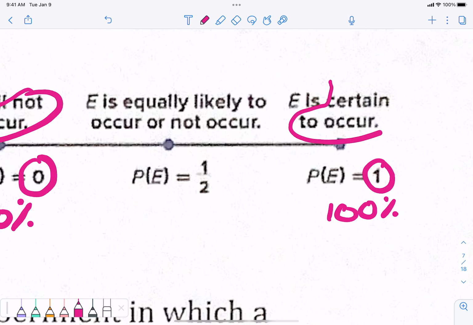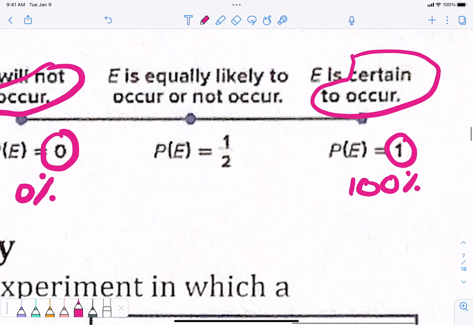Something that's as equally likely to occur as it is not to occur is 1/2 or 0.5 or a 50% chance, like flipping a coin. I have a 50% chance of getting a head versus a tail. You cannot have probabilities that are negative. You probably knew that. You cannot have probabilities that are more than 100%. Like there's not a 120% chance of something happening, right?